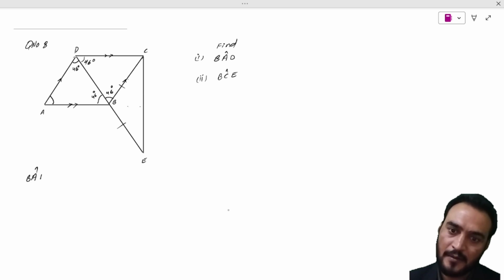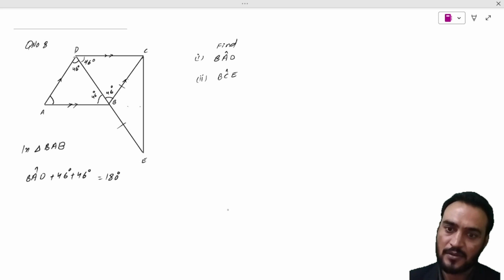In triangle ABD, BAD plus 46 degrees plus 46 degrees is equal to 180 degrees. We are considering the triangle BAD, and these are the three interior angles of the triangle. So the sum of these angles is equal to 180 degrees.